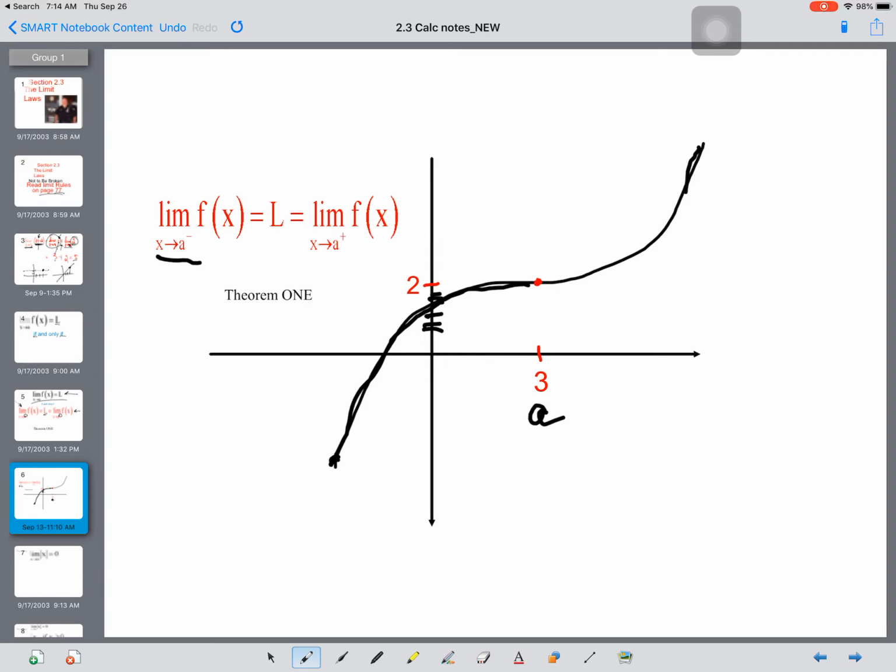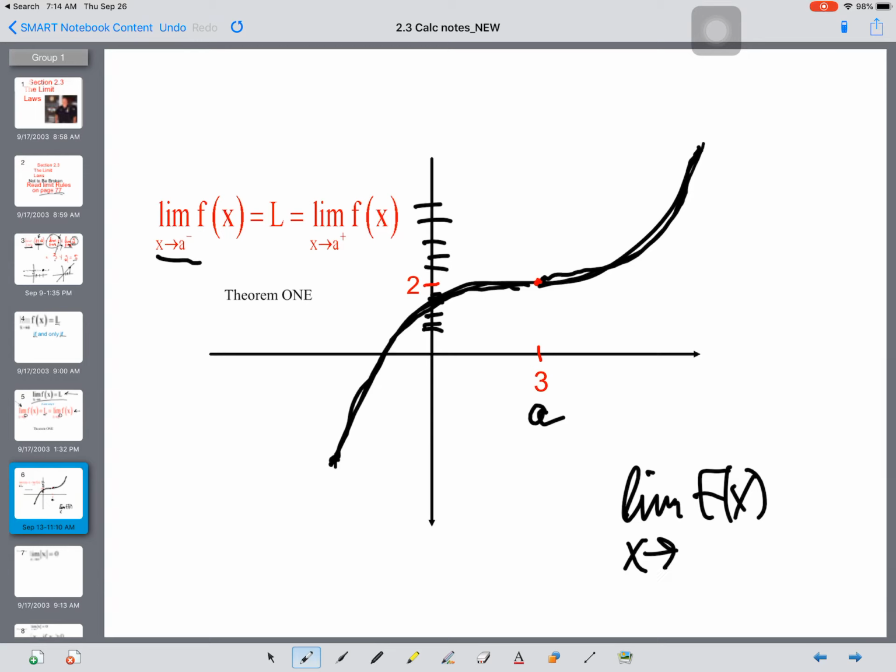As I get closer and closer to 3 from the other side, the value of this function is getting closer and closer to 2. Since the limit from the left and the limit from the right are the same, I can say the limit of f of x as x approaches 3 is 2.